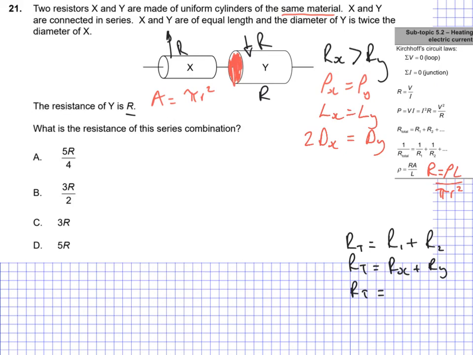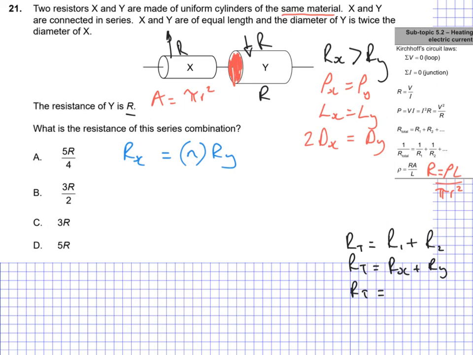So we're trying to get a ratio value for the resistance. If we compare the resistance of X to the resistance of Y, what we're trying to find is this integer. In other words, how many times is the resistance of X greater than the resistance of Y? So if we find the resistance of Y, how many times do we have to multiply it to get the resistance of X?